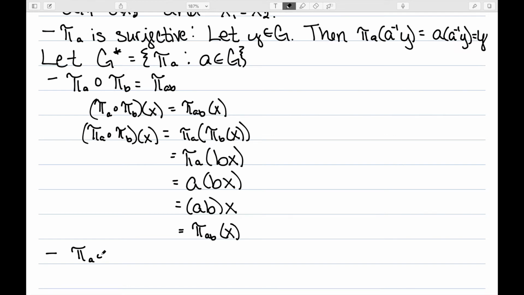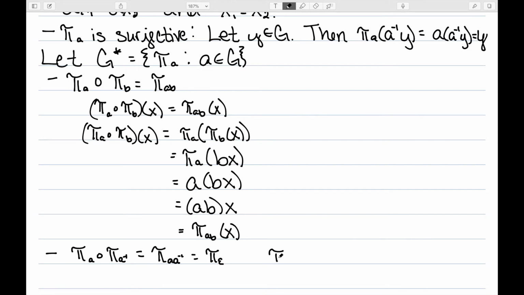Let's consider pi of a composed with pi of a inverse. By what I just showed, this is the same thing as pi of a inverse, which is the same thing as pi of the identity.